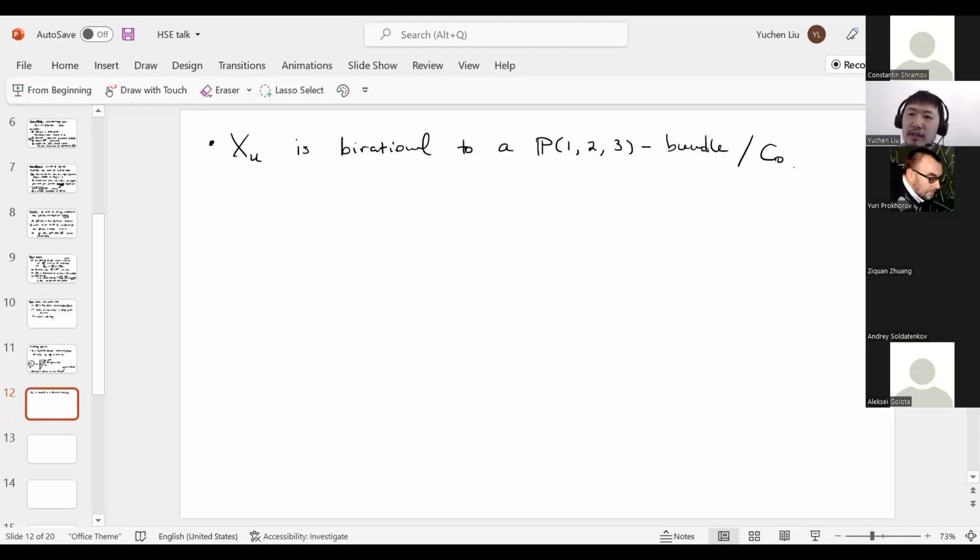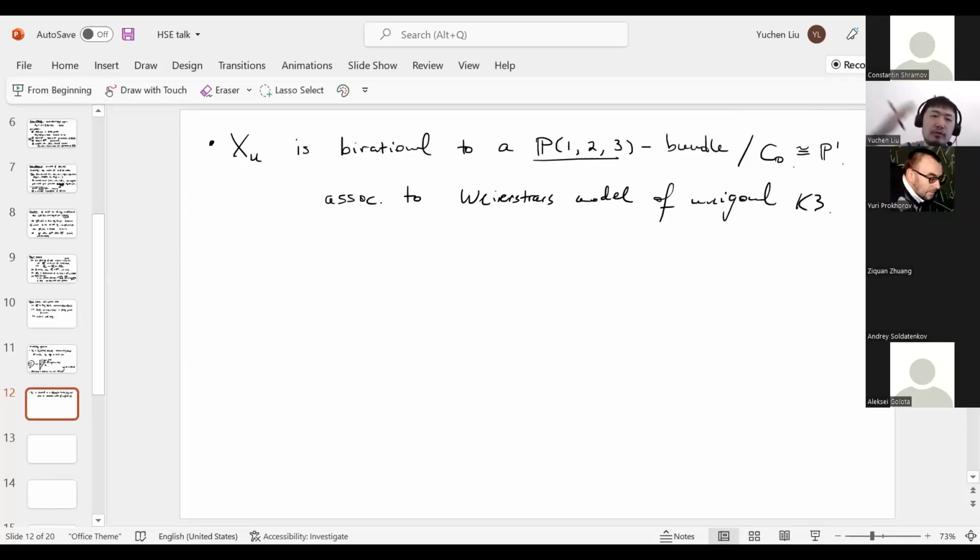So remember, my C0 is just a twisted cubic curve inside P3. And then you imagine that your unigonal K3 surface gets contracted to this curve, right? And then if you want to recover the degeneration of the surface again into some threefold, then the natural thing to do is to take this P(1,2,3) bundle associated to the so-called Weierstrass model of unigonal K3.